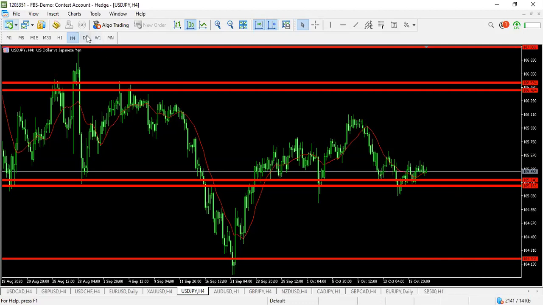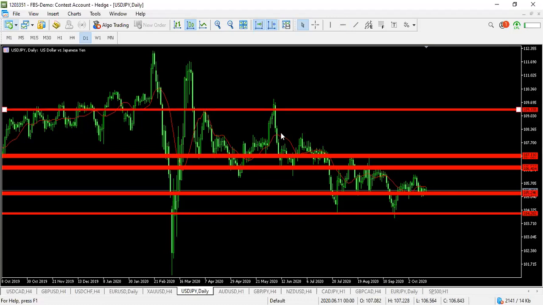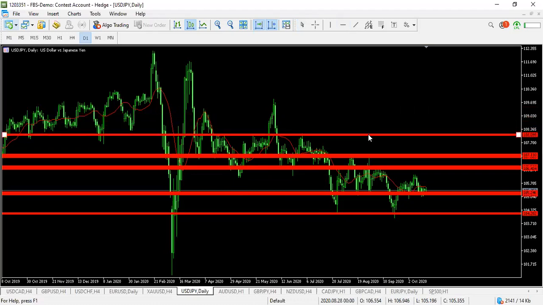Because if you check here on the bigger picture, you can see that this price has been ranging between 107 and 104, and there's another range here above the 107, which bounces off at 109, also a lot at 108. So you want to see the price rotate lower, and you're going to buy all the way to that zone.